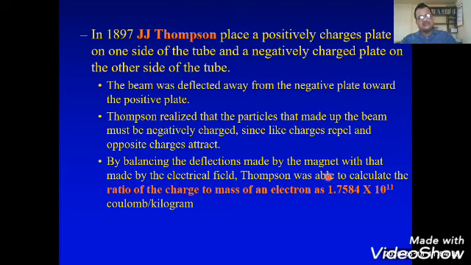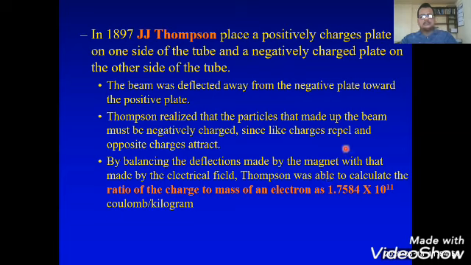And when a high potential difference of around 10,000 volts is applied, then invisible rays travel from the cathode towards the anode. And later on, it was found that the cathode ray contains negatively charged particles.